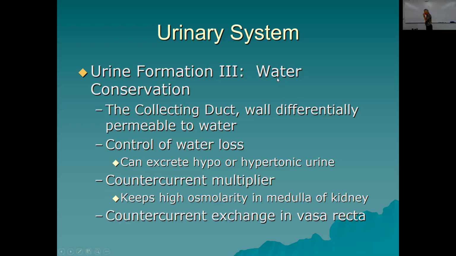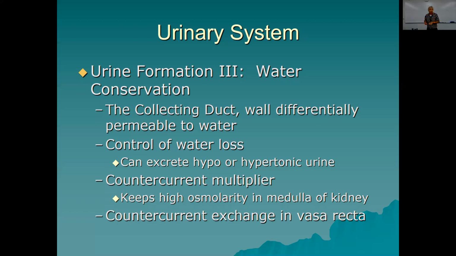So the collecting duct. Now after the DCT, starts the collecting duct. The fluid entering the collecting duct from the DCT is 50 milliosmoles. And the collecting duct wall is differentially permeable to water. That is, if ADH is not present, it is impermeable to water. Water cannot cross it.